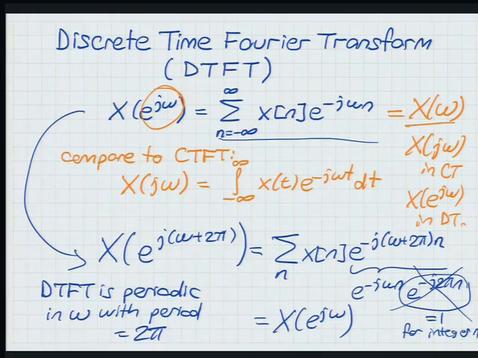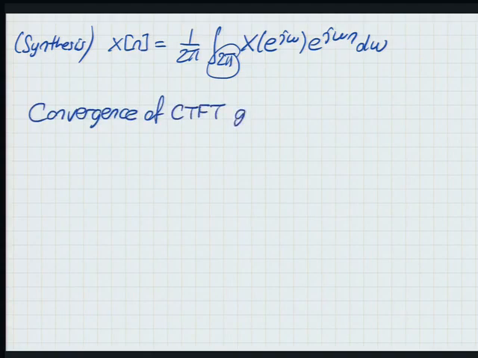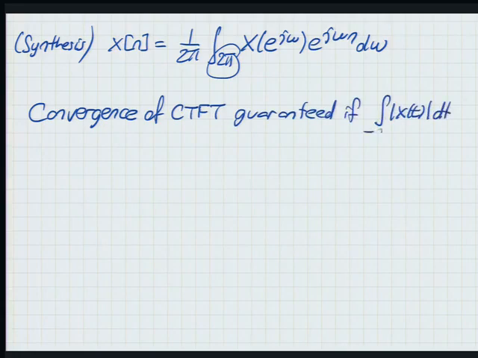Let's look at some examples and make it a little more concrete. Oh, and remember the theorem that we started with? The convergence condition for CTFT? Convergence of CTFT is guaranteed if, that was a sufficient condition, the integral of the absolute value of x of t dt existed. Can you think of a similar rule for DTFT? Very simple pattern matching.